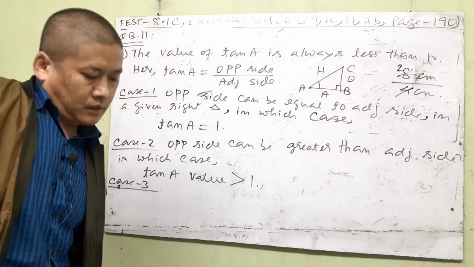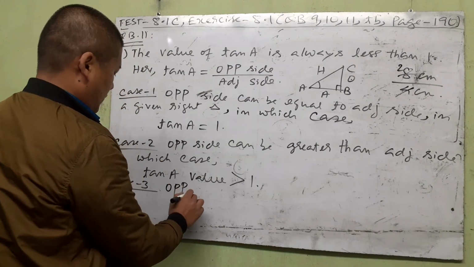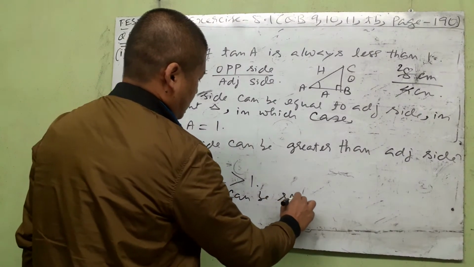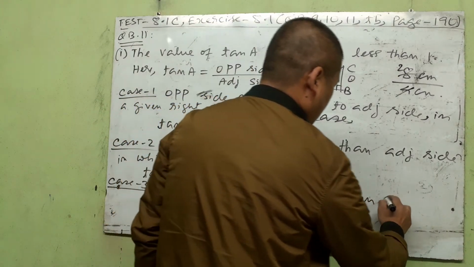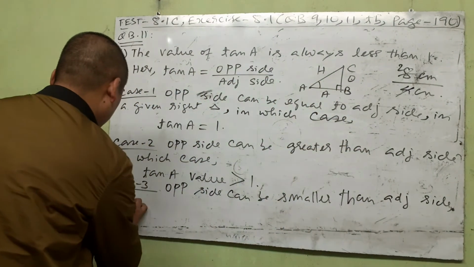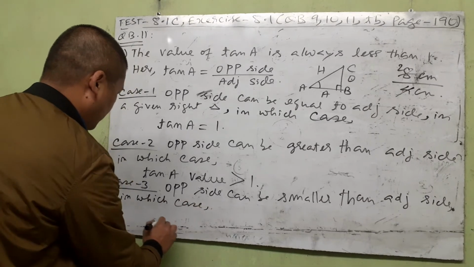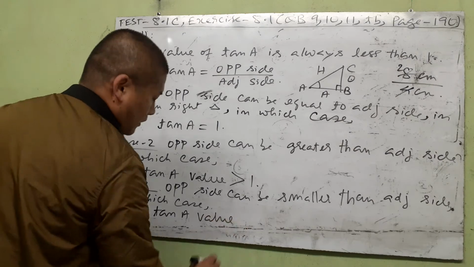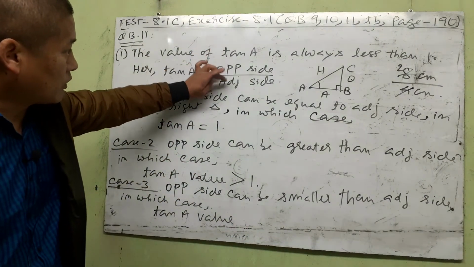Okay, opposite side can be smaller than adjacent side, in which case tan A value, means numerator smaller than denominator.